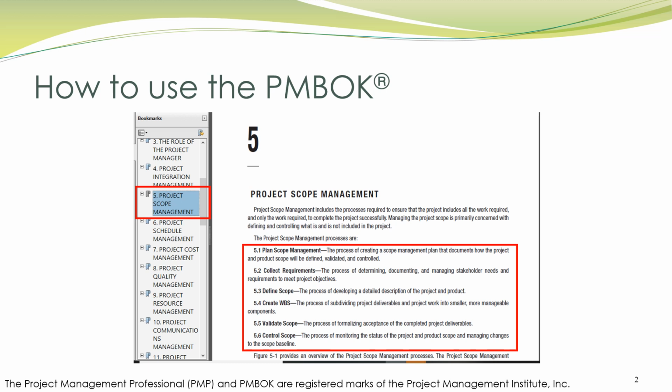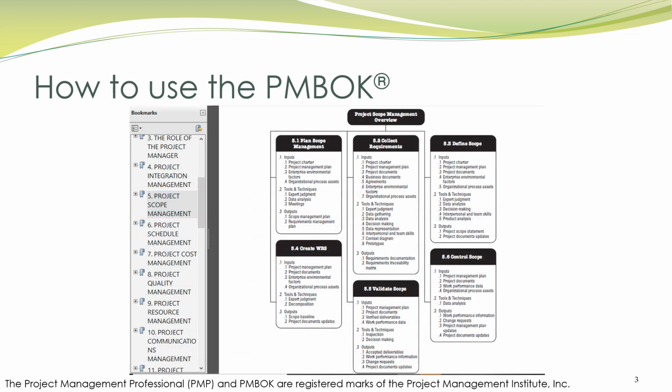Now let's look at where we see the inputs, outputs, and techniques for each process in the category. We are still in the project scope management category, but have gone down one page.